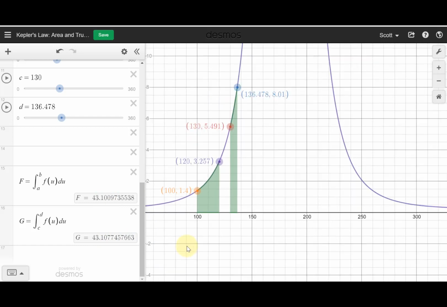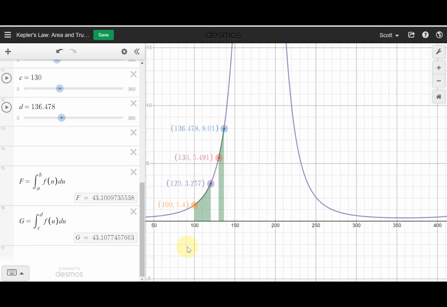And I can confirm in the game that it takes the same amount of time to go from 100 degrees to 120 as it does to go from 130 to 136. So that's an increase of a little more than 16 degrees in the true anomaly. It takes the same amount of time as it did for 20 degrees because it's traveling slower as we get further away.